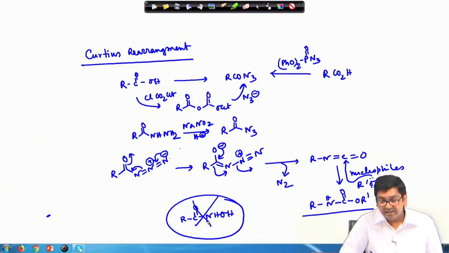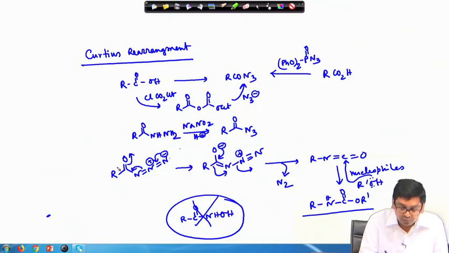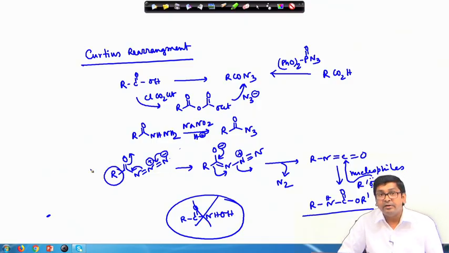Okay. Additionally, it has been found that if this R group is chiral, then what happens? If this is chiral, after the 1-2 migration also they retain their configuration. That means this reaction is definitely happening through a concerted manner. Okay.